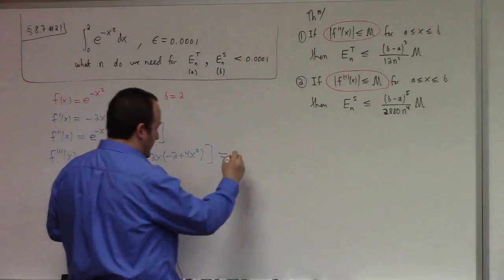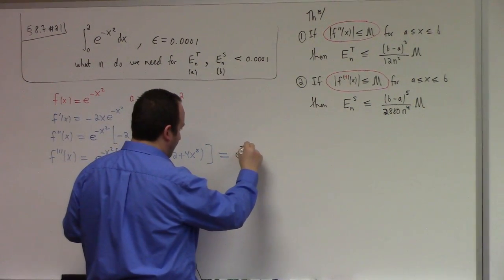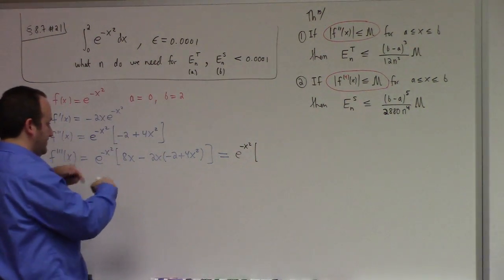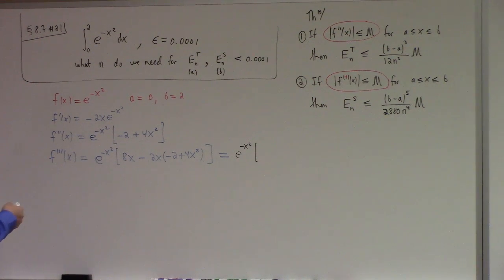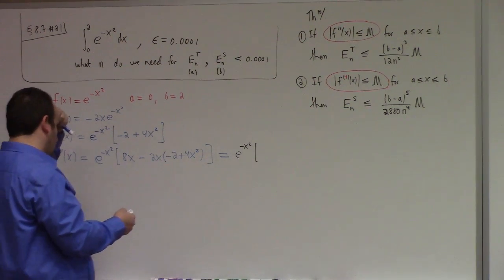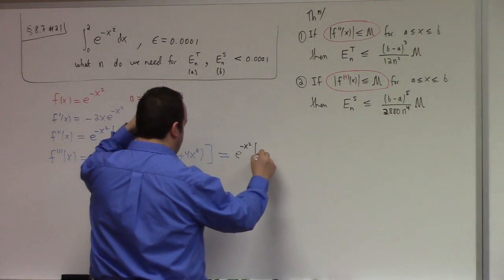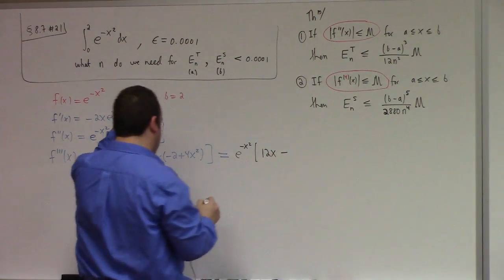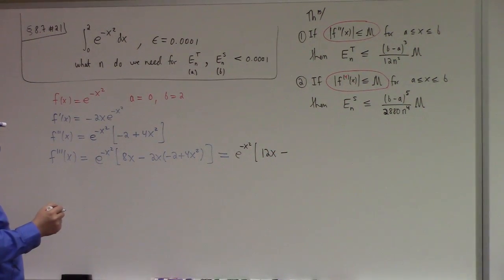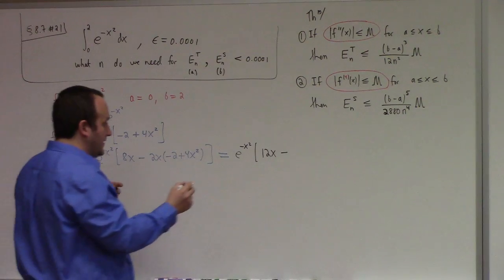So e to the minus x squared, so is this 12x minus what? 8x cubed, right?